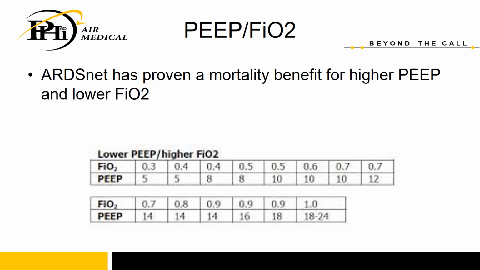So we have 40% or 50% or 60% FiO2, that is much more available oxygen than we would normally have on room air, so that will obviously increase your oxygen saturation.